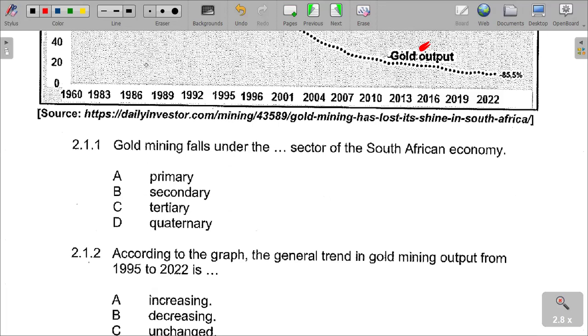Gold mining is an extraction activity, extraction of raw materials. Raw materials extraction falls under the primary sector.